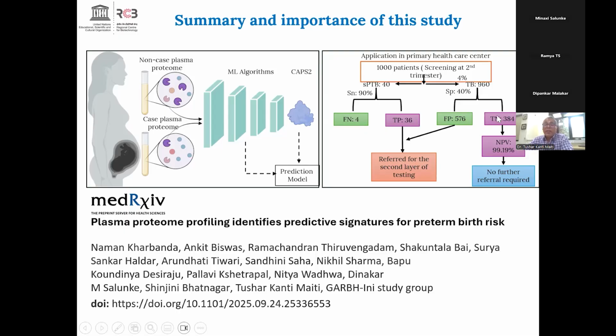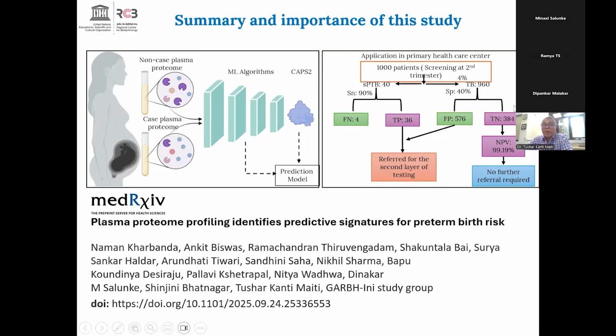So at least in this particular population, among the 1,000 patients, around 600 patients can be further screened and then referred to the next level. You can completely eliminate 400 patients based on the negative predictive value.